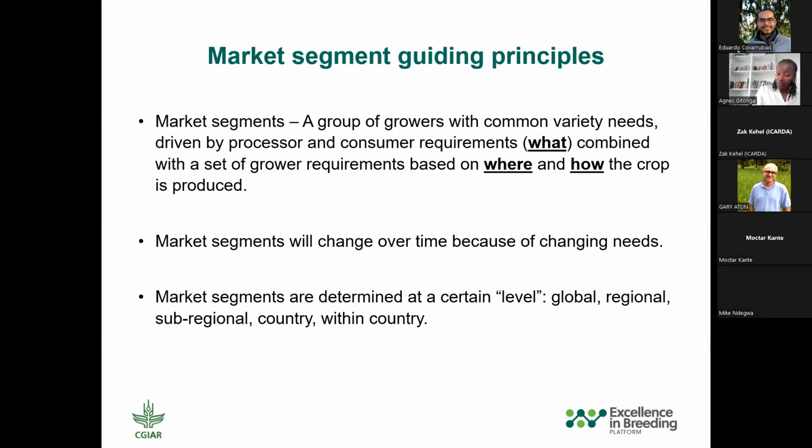For market segments, the level at which we determine them can be global, regional, or sub-region. At the moment, in module 1, we've done this at region and sub-region level. There's some work being done at country level, and with more collaboration with the NARS partners, there will be more work looking at market segments within a country.